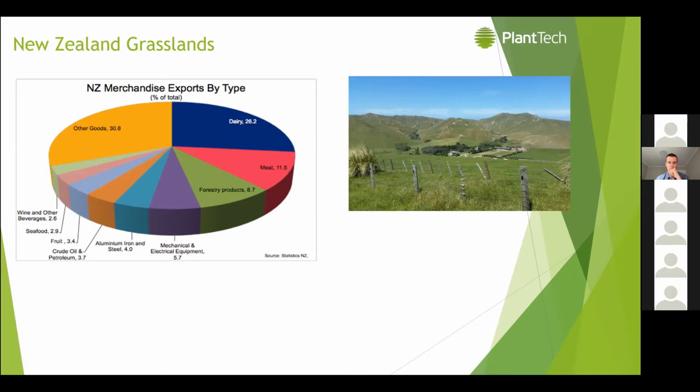But the quality of the grass is very important to improve animal performance and also improve the productivity of dairy and meat products. The quality of the grass is influenced by so many factors. Soil is one of the important drivers which influences the quality of the pasture.